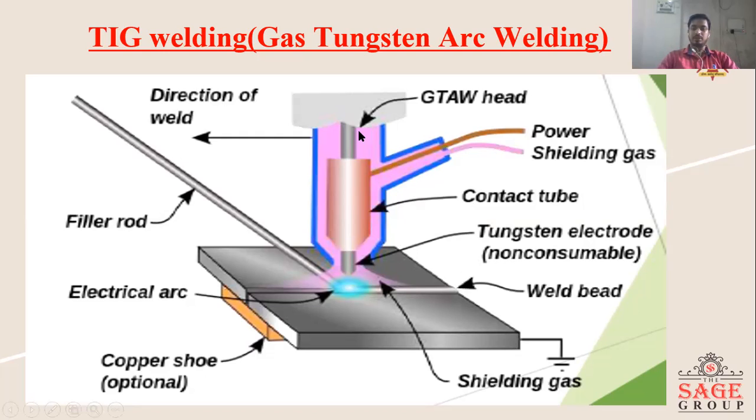And the electrode's work is to generate or establish the arc between the metal and the electrode, and this filler rod is melted at this arc region so that the filler rod and the sheet metal melt or fuse together and weld a joint.